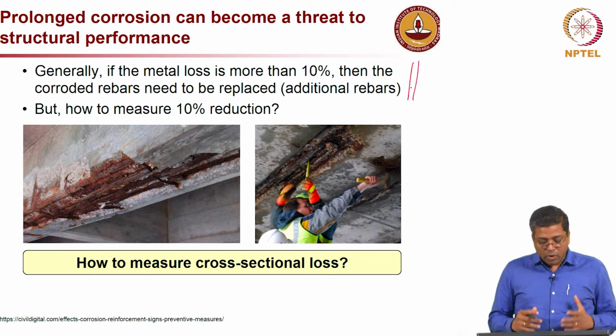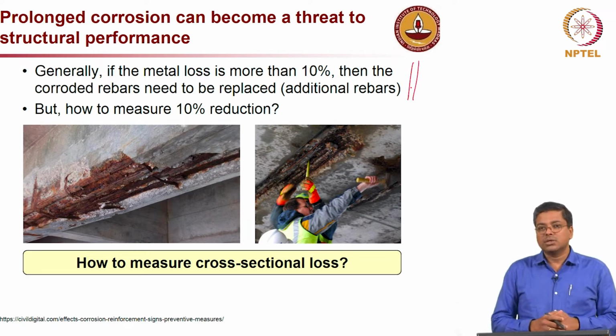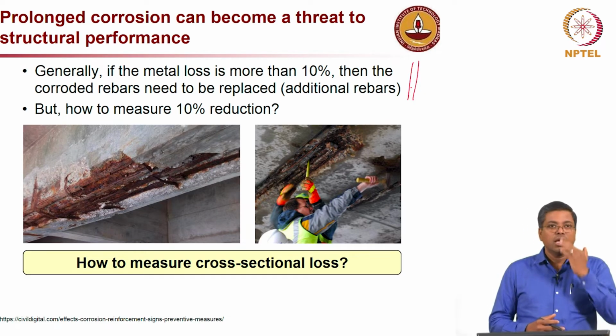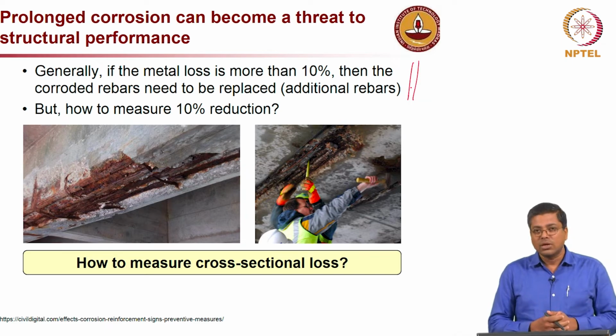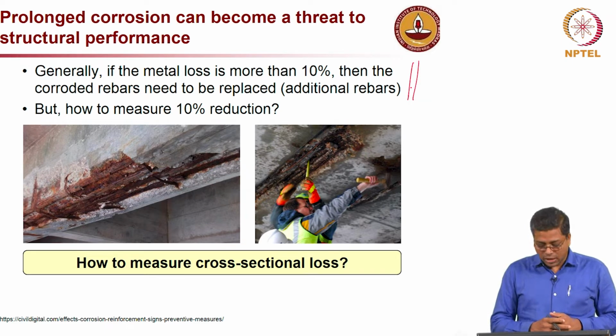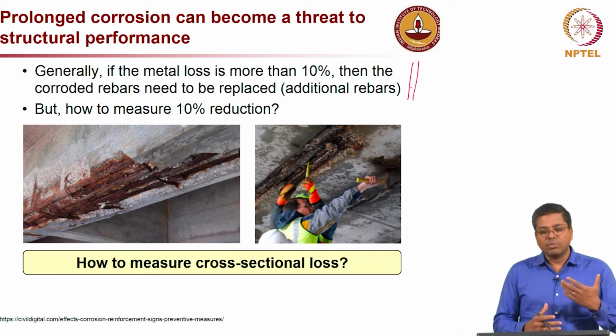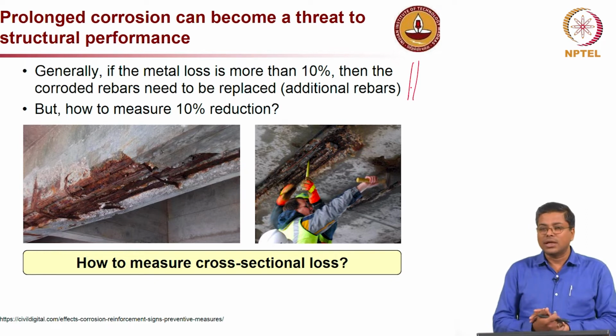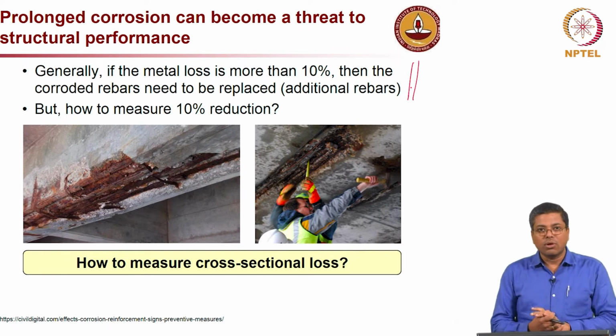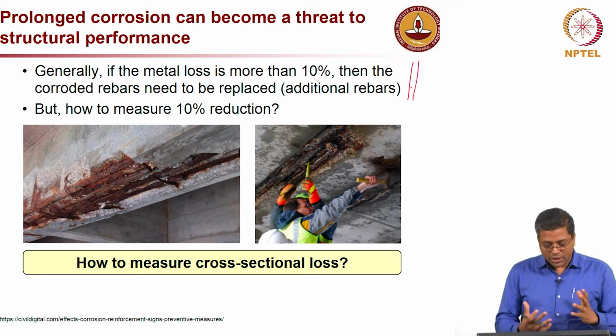The challenge which engineers or inspectors face is that, yes, in the documents they will say 10% area loss of the rebar, but how do we really estimate or measure this 10% reduction? It is very difficult. By just looking you can only say there is significant corrosion, but if somebody gives an exact percent mass loss, the correctness of that assessment is not well established.